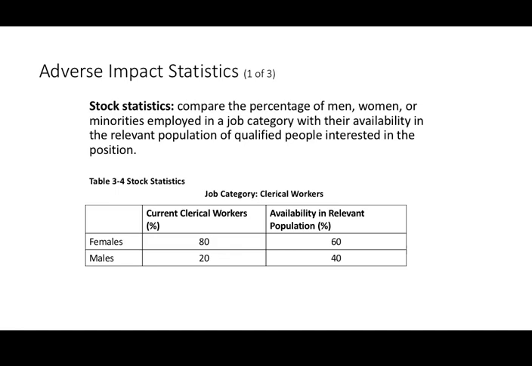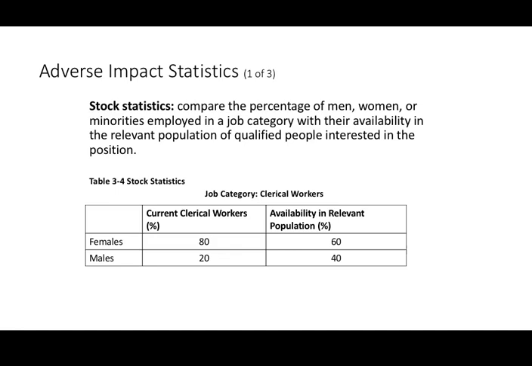So if men in your organization are complaining that they're not being hired for clerical positions, they could argue that there's an adverse impact against them in the workplace, because your company only has about 20% of their clerical workers as male, yet there are 40% available in the local area labor market, but you're only hiring 20% of them. And even if you adjust it by the 4/5 rule to 32%, it's still greater than the percentage that you have in your company.